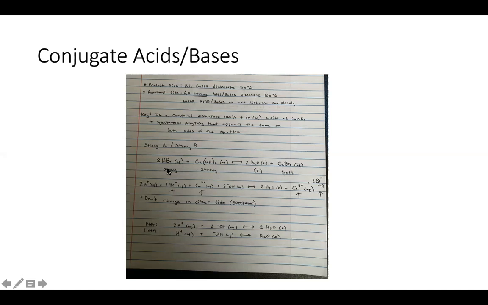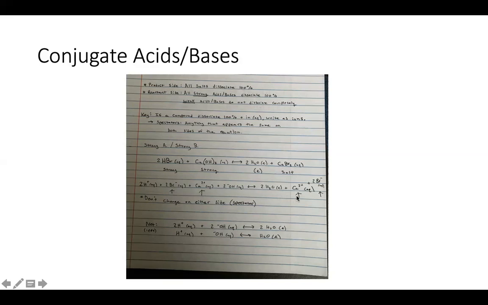Because my acid and base are strong and my salt dissociates 100% as well, all three of these species that aren't water are going to completely split into their ions. So I rewrite the same equation, showing these compounds splitting into ions.